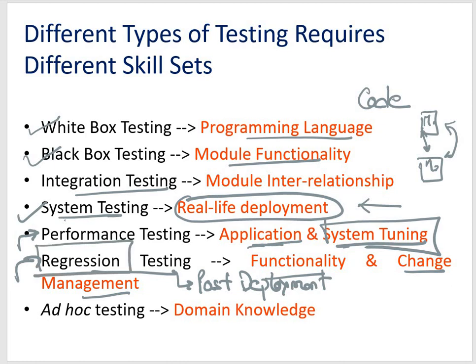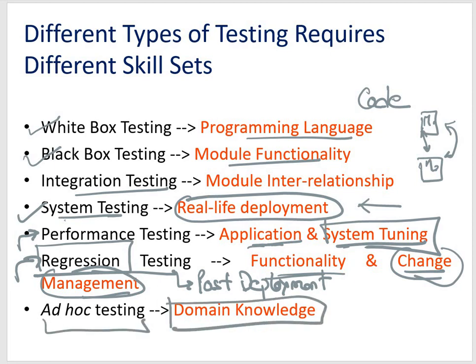For that sake, I need to have an idea about the functionality, and about the change management as well. I should know whatever changes have been made to the application. And then lastly we have ad hoc testing. For that sake, I need to have domain knowledge.